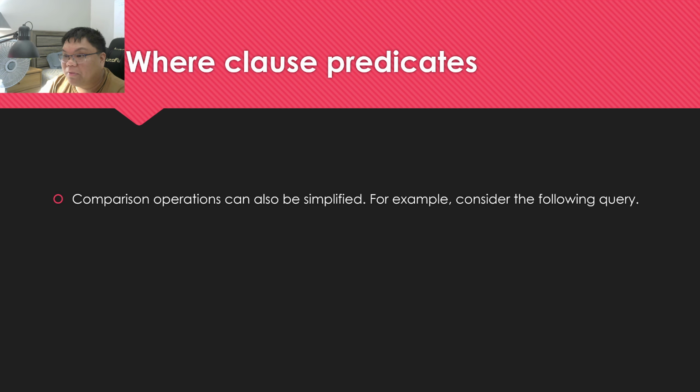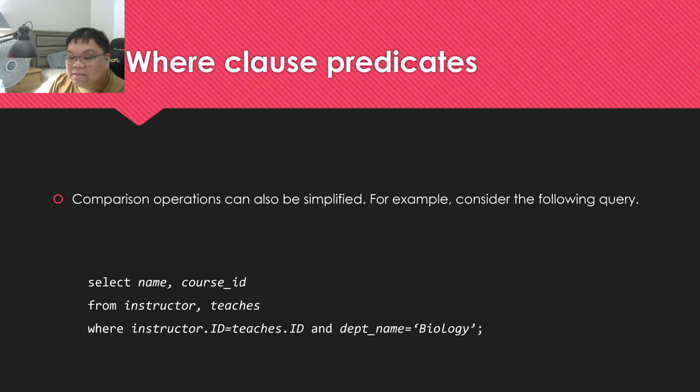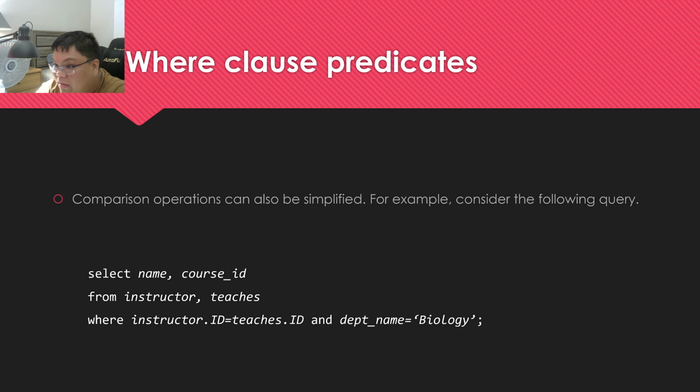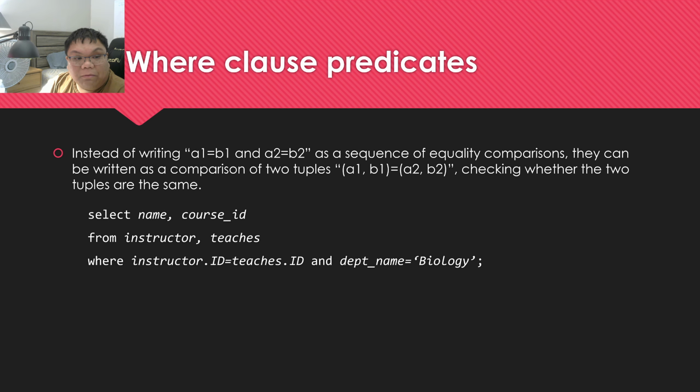We can also simplify comparison operators. So we have something like this: where instructor.id equals teaches.id and department name equals biology. There is an alternate way of writing this, and we write it as a comparison between two tuples.